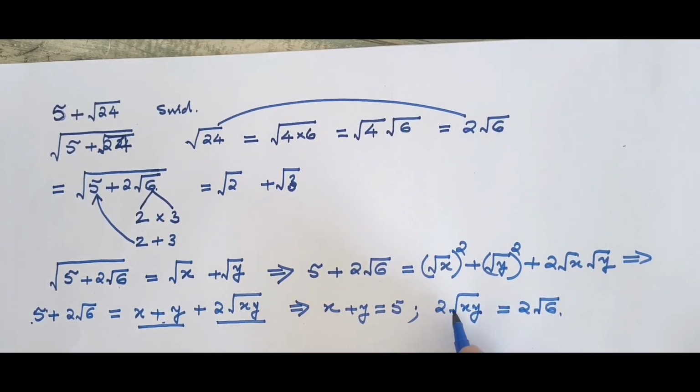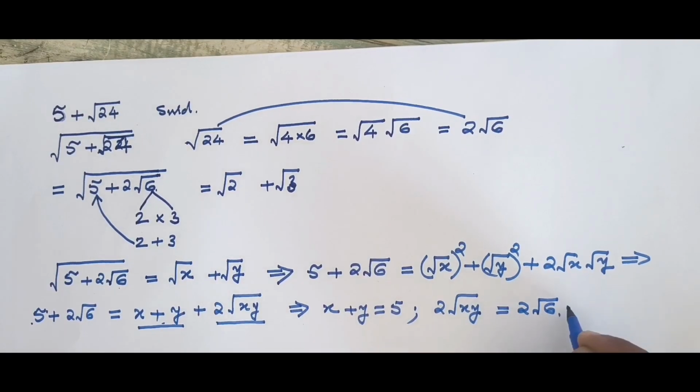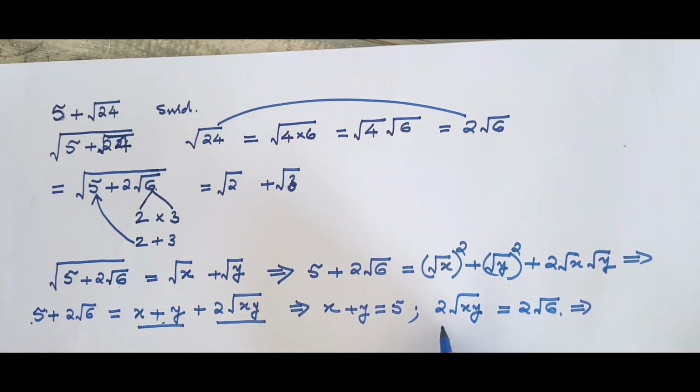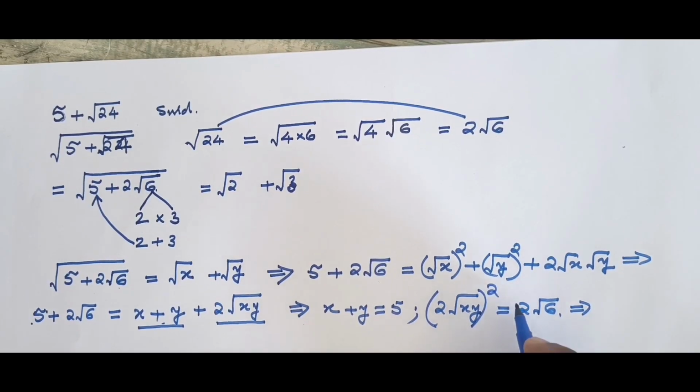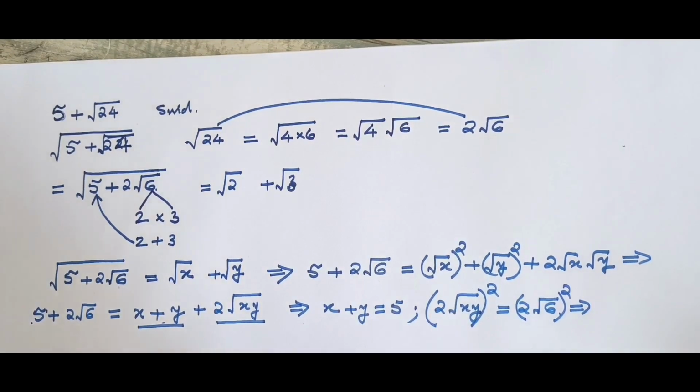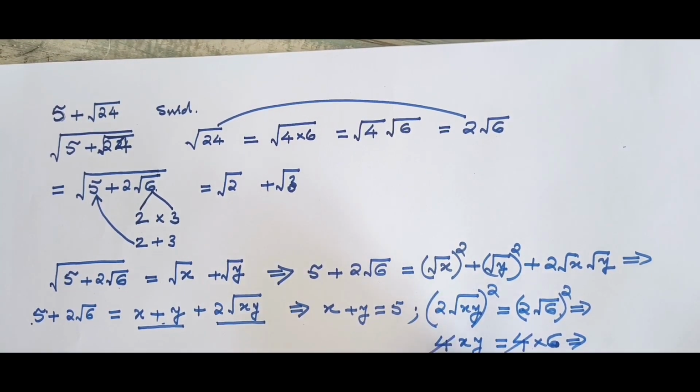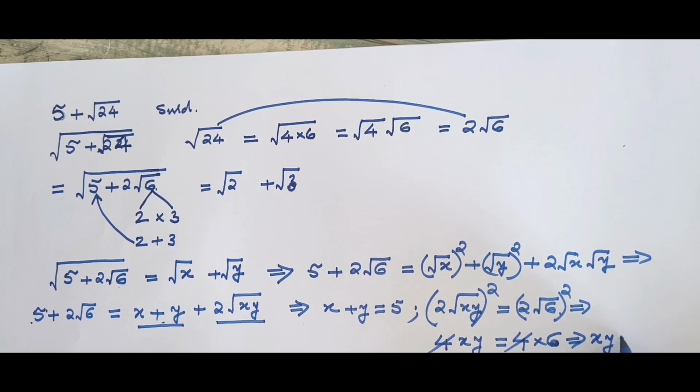Now to get rid of this root sign, this equation alone you square again. Now squaring, you have 4. While squaring root xy, you get xy. The right side will be again 4. Root 6 will be just 6. Now you can cancel 4 and 4. So that xy equals 6.